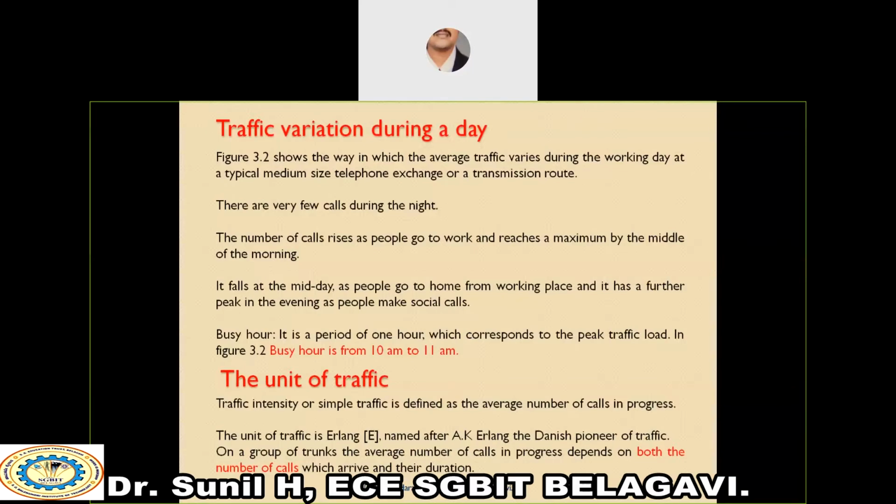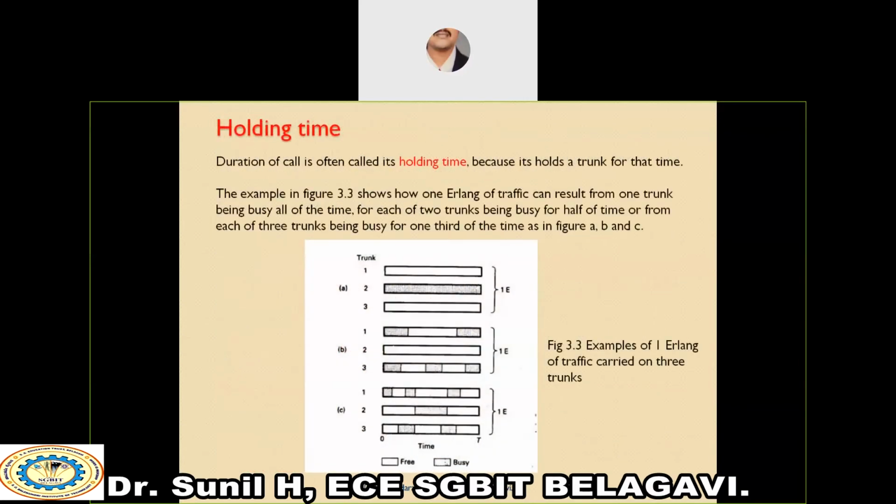In the second figure, 1/3 of the trunks are busy, and the other is free to communicate. Similarly, in the third case, 1/3 of all three trunks are busy and the rest are free. Some part of the trunks are free and some part are busy.